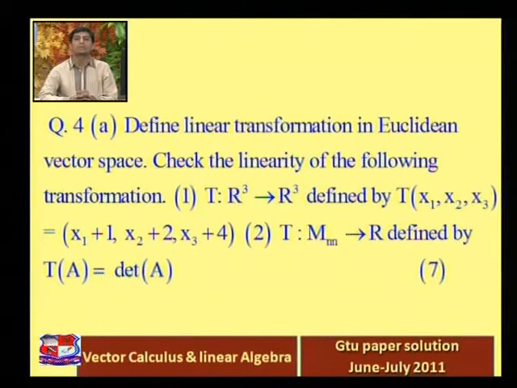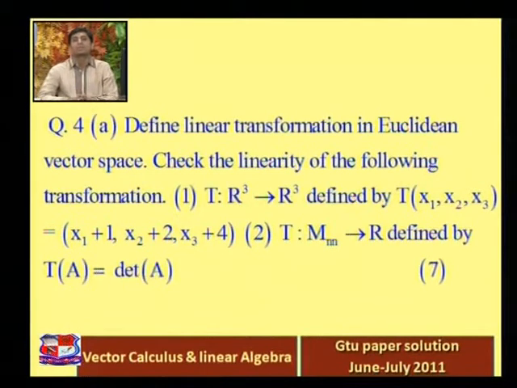Then T from the set of n cross n matrices to R defined by T of A is equal to determinant of A. So first we have to define linear transformation in Euclidean vector space, and check the linearity for these two examples.